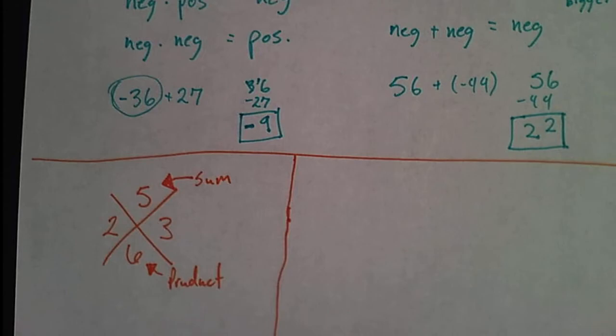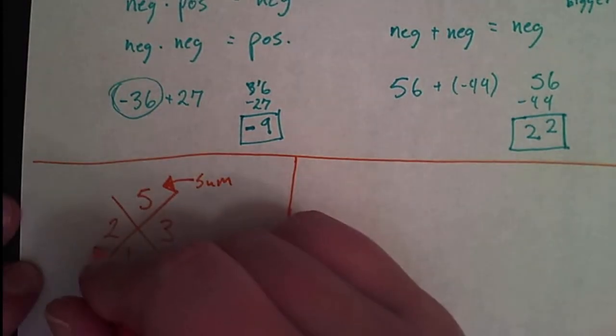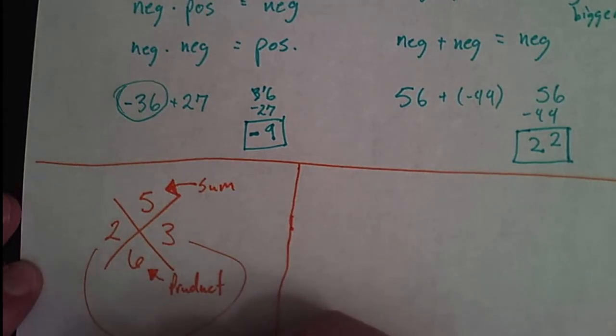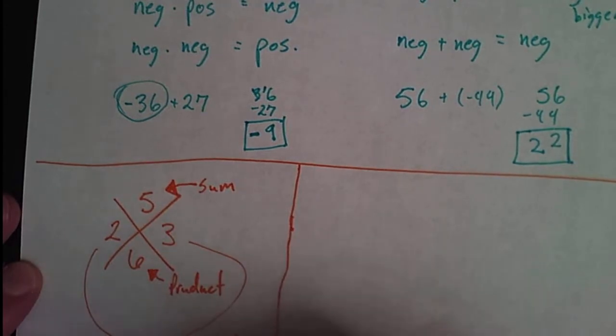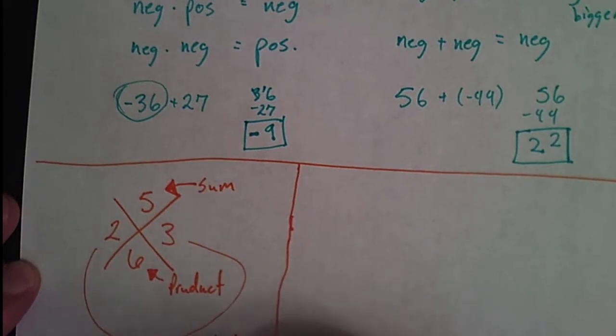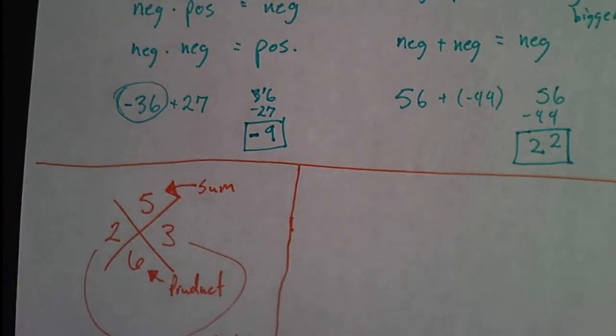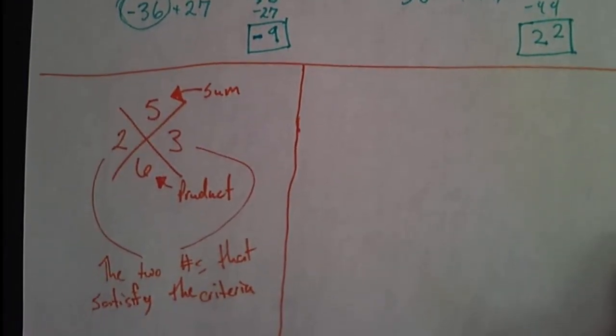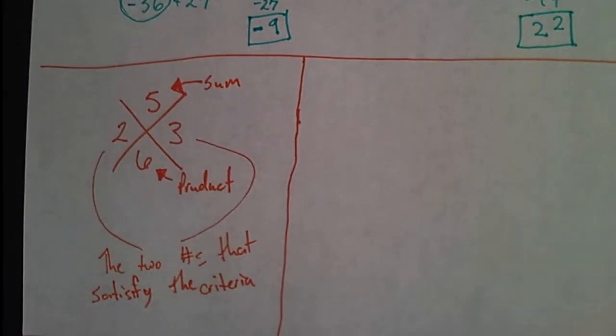And if you want to make notes, you can say: the two numbers that satisfy the criteria, meaning they sum to 5 and have a product of 6.